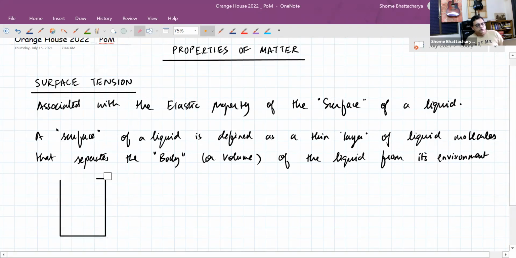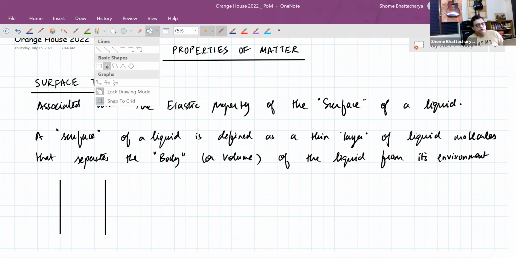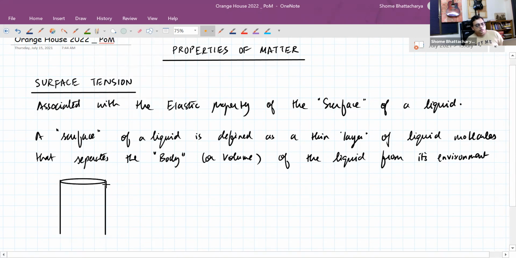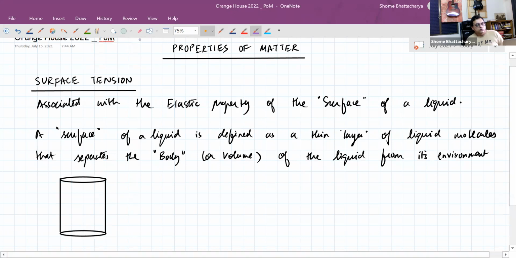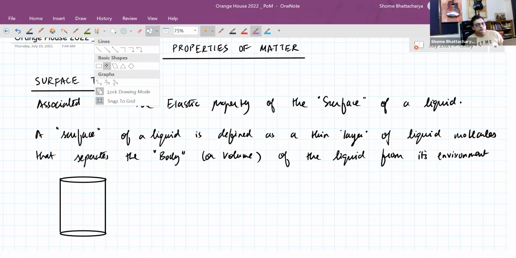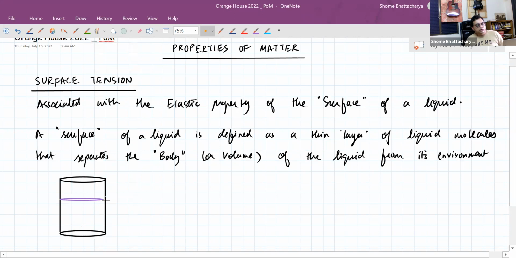So imagine some liquid in a cylindrical vessel. Any standard liquid like water or kerosene oil or even mercury for that matter, liquid metal.